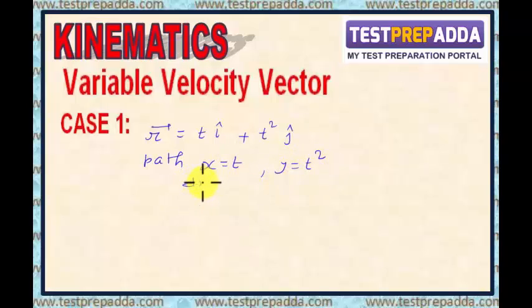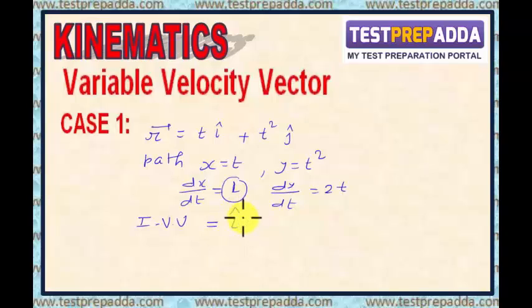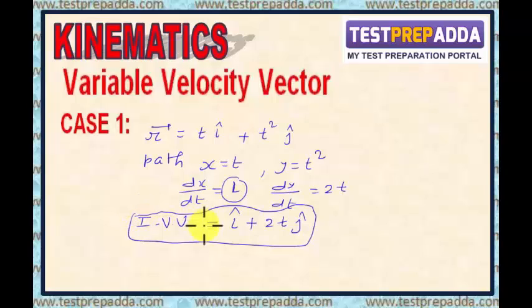Then I can find rate of change of this x coordinate, that comes as 1. Here rate of change of y coordinate comes as 2t. So what will be instantaneous velocity vector? It will be, since the x component is 1, I'll write i cap plus, since the y component is 2t, I'll write 2t j cap. This way we get instantaneous velocity vector, and consider this as case 1.